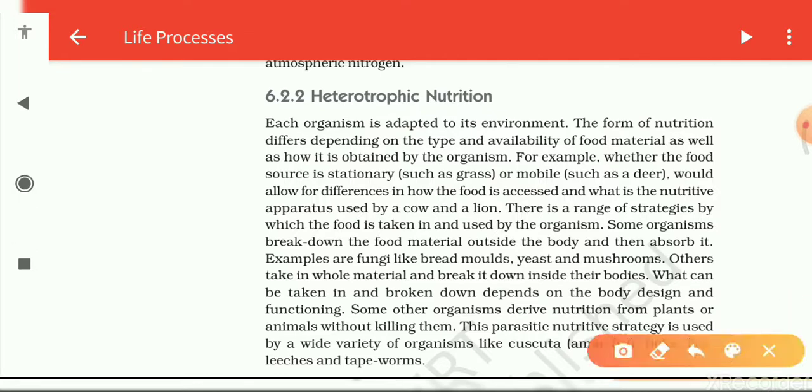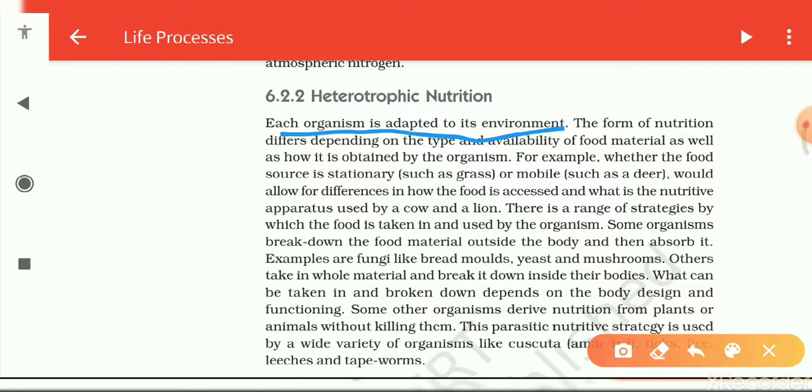And here in this paragraph they want to say that each organism is adapted to its environment. Many types of organisms are present in our environment or on the earth, but all organisms are adapted to their environment only. Like fish can live inside the water, polar bear can live in the hilly areas.